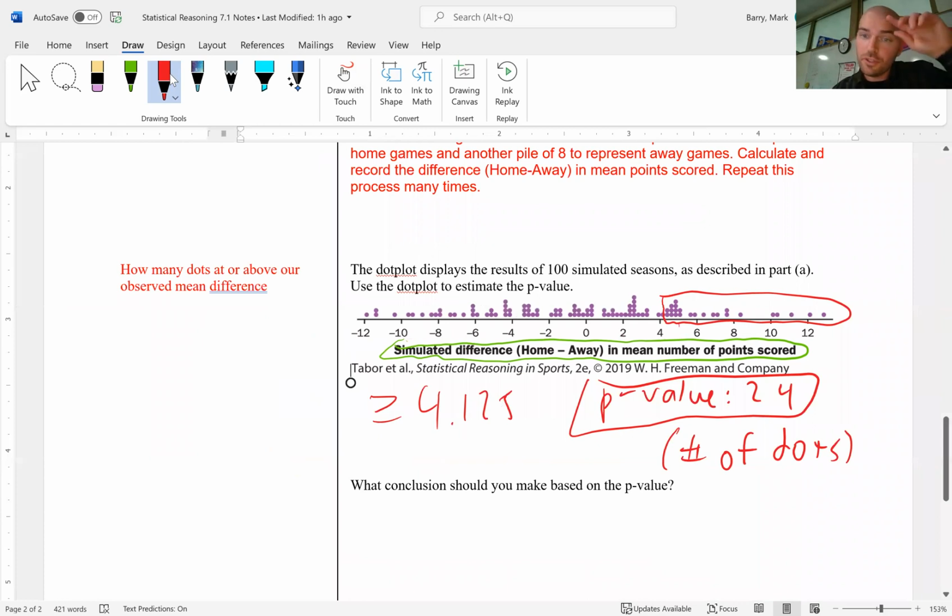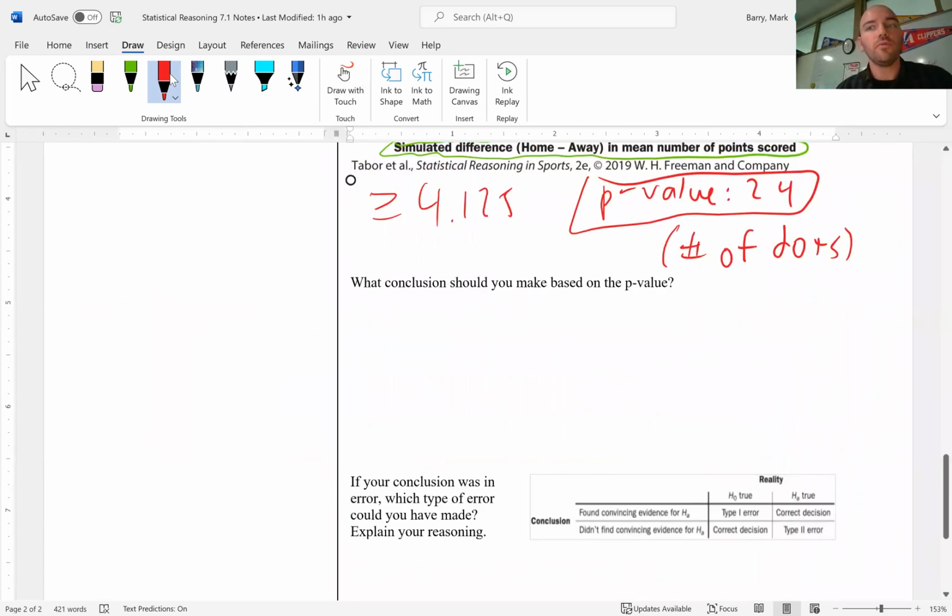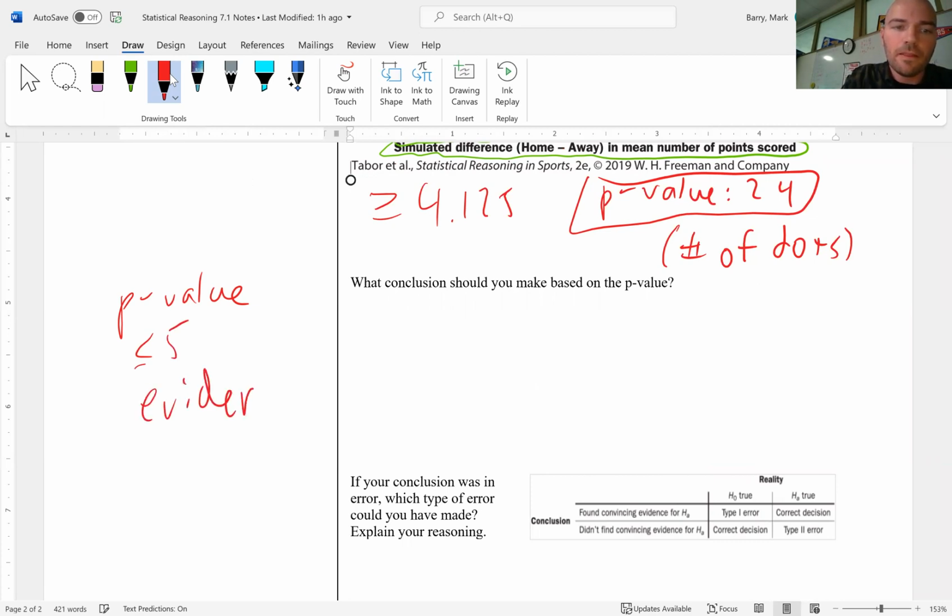Okay, so what conclusion should we make based on the p-value? So remember, we learned that 5%, that 5 dots out of 100 is kind of our magic number. And so remember, if the p-value is less than or equal to 5, then there is evidence for the alternative, because that means it's a very rare event to happen randomly, so it's probably that they were actually better.